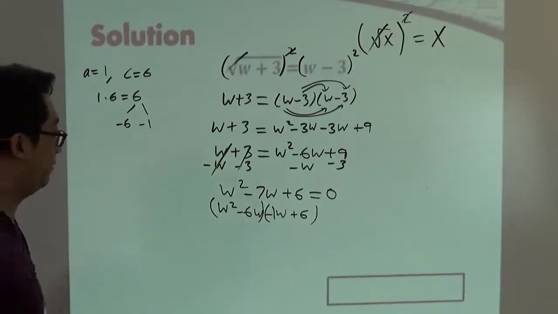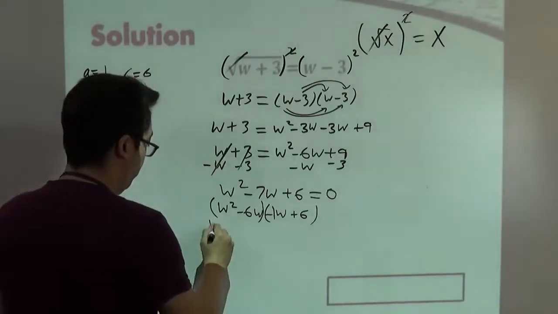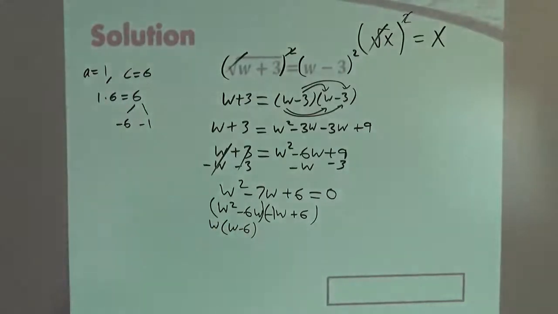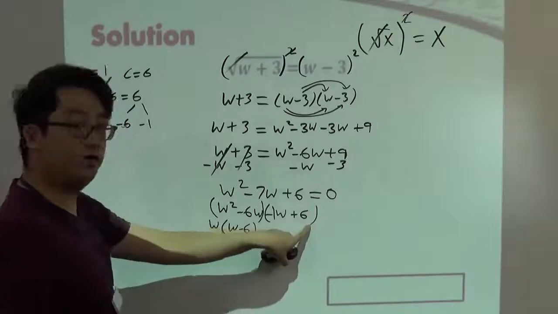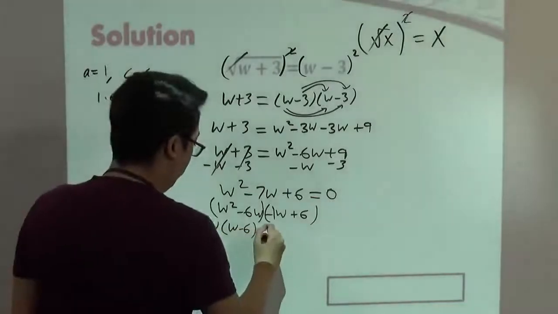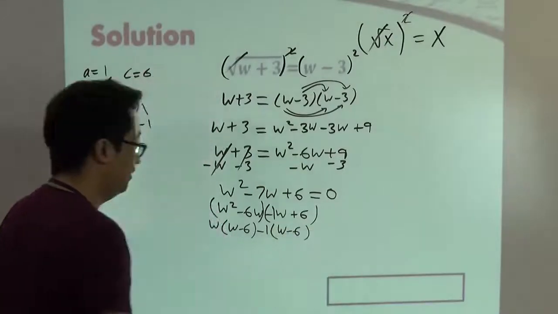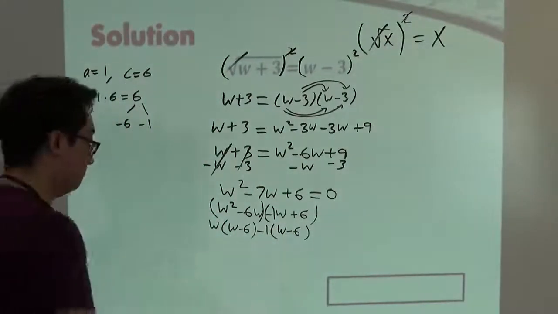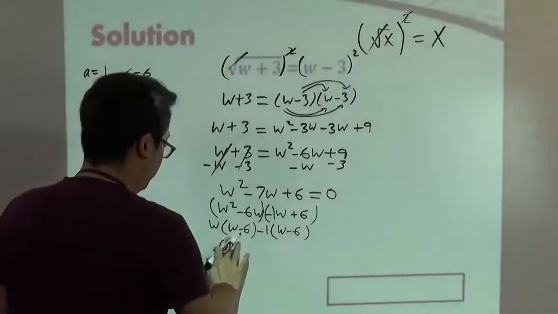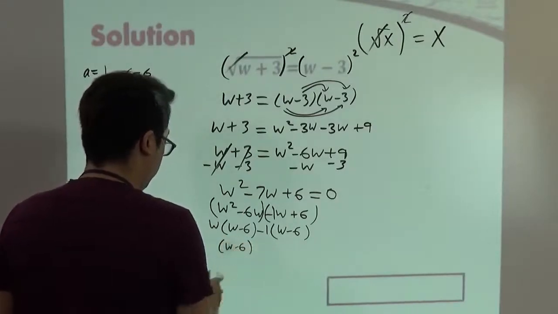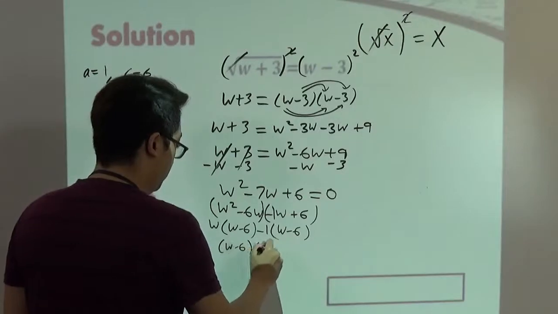What's in common with my first parentheses is w, leaving w minus 6. My second one, between negative 1 and 6, only a negative 1 is in common, leaving w minus 6. And my parentheses are the same, so I pull out w minus 6. I'm left with w minus 1.